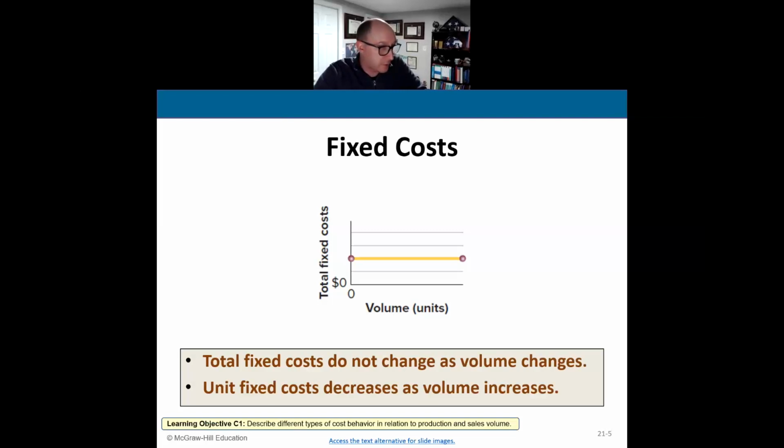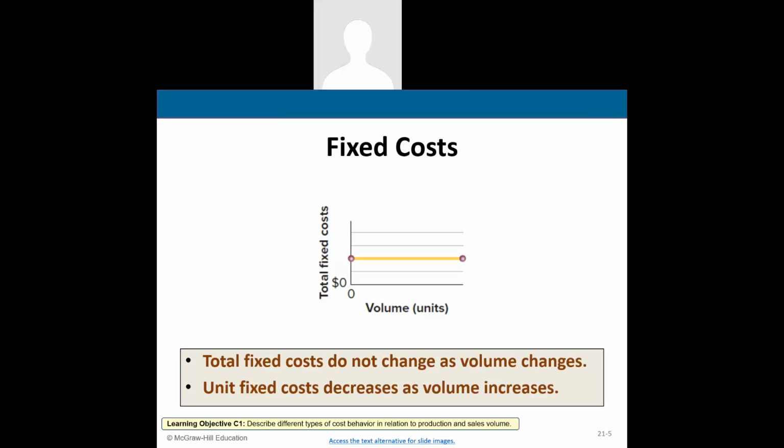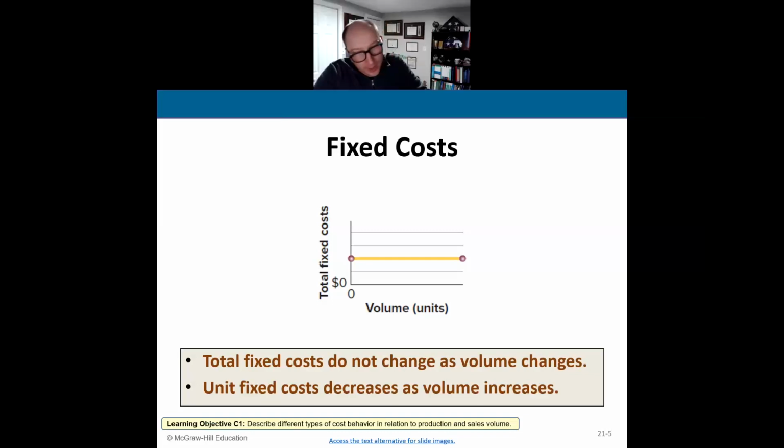Good. Very good. What else is a fixed cost? What do you think? A car note? Yeah, that's good. Car note don't change. I still got to pay for the truck that I'm delivering my product with, regardless of how many units I make. Insurance, yeah, that stays the same too, right?